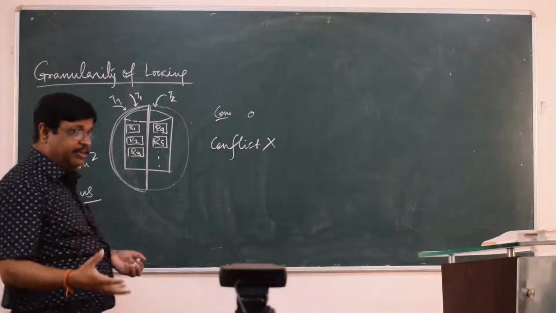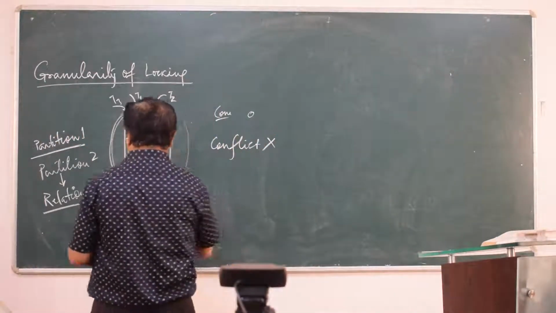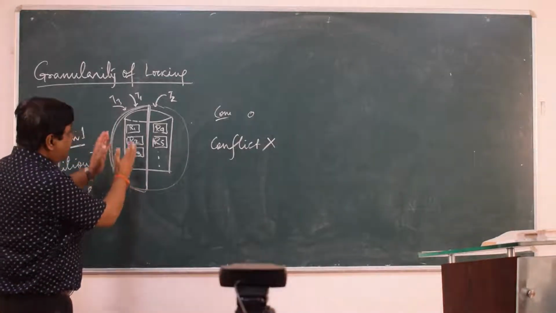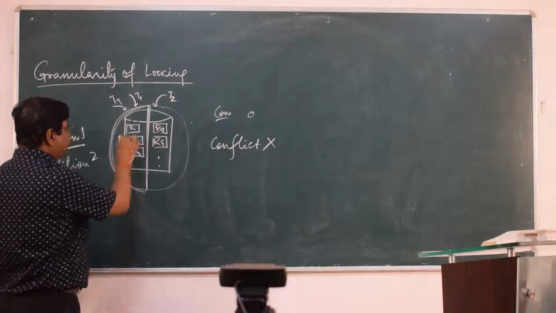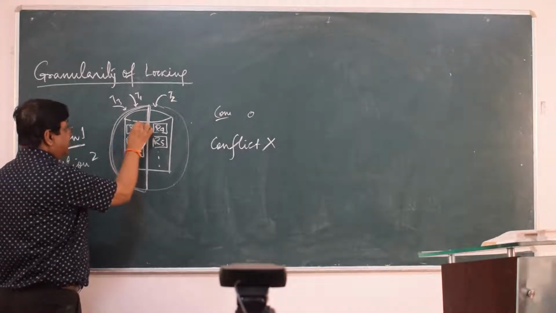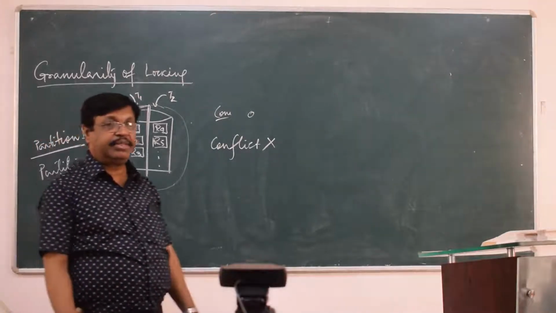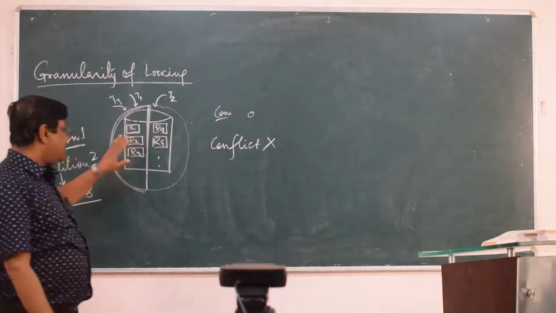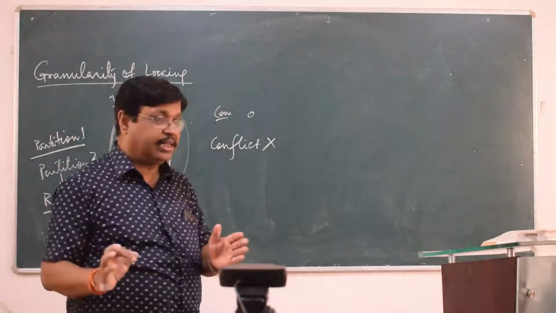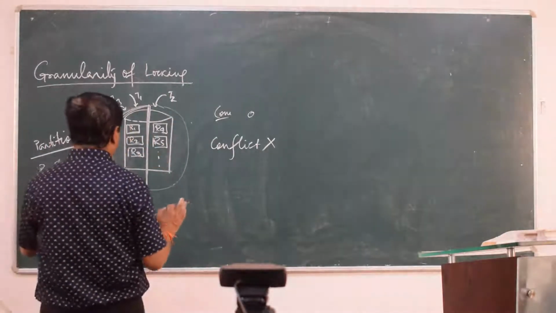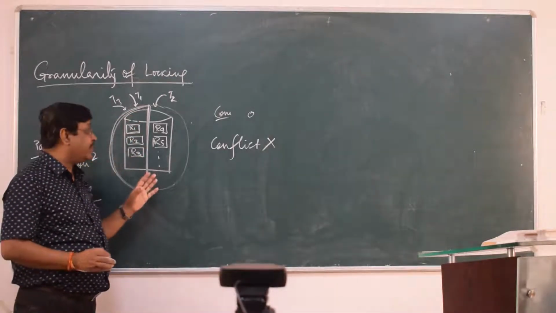Now we have reduced the granular level, means we are not locking a particular portion, rather we are locking a particular relation, a particular table. Say transaction T1 locks relation R1. What would happen then? R2, R3, R5, R4 and so on, all other relations are still unlocked. Any other transaction can lock R2, R3 and Rn.